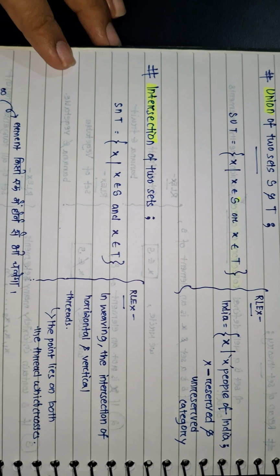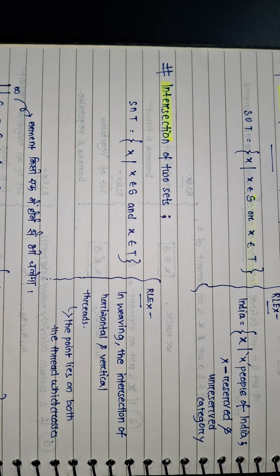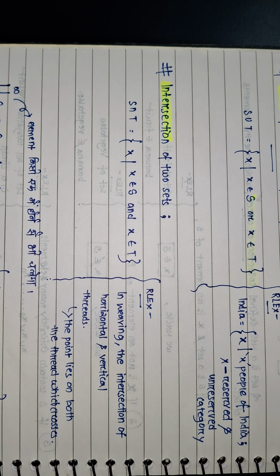Then if we move further, that is the intersection of two sets. S intersection T means what is common in the two. X is an element of S and also an element of T. In weaving, the intersection of horizontal and vertical threads is an example of the intersection of two sets.